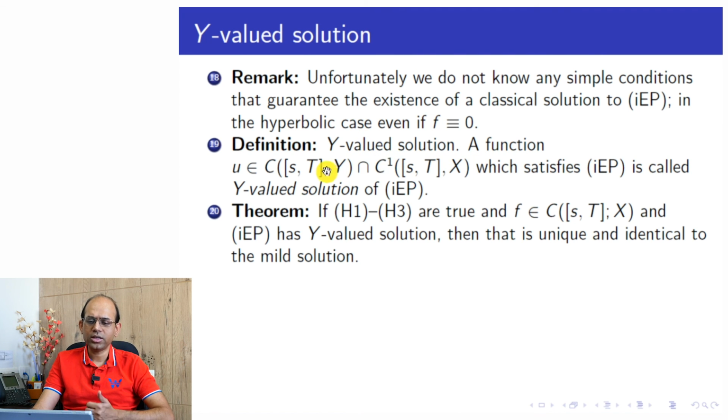Y-valued solution: a function u as a function of time, a continuous function from [s, T] to Y, and also once continuously differentiable on [s, T] to X. A function u which satisfies the inhomogeneous evolution problem is called a Y-valued solution of the IEP. The main thing is that this function should be a solution of the IEP, and second, it should be a continuous function in Y, and it should be differentiable also.